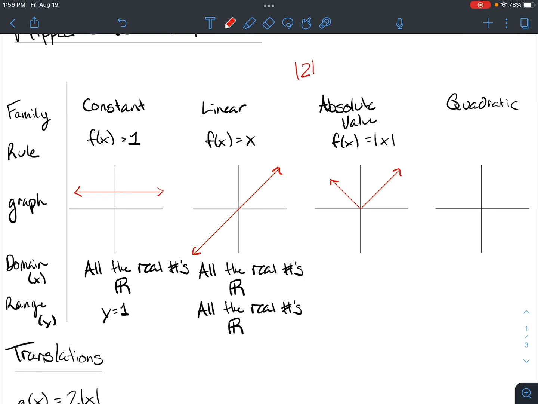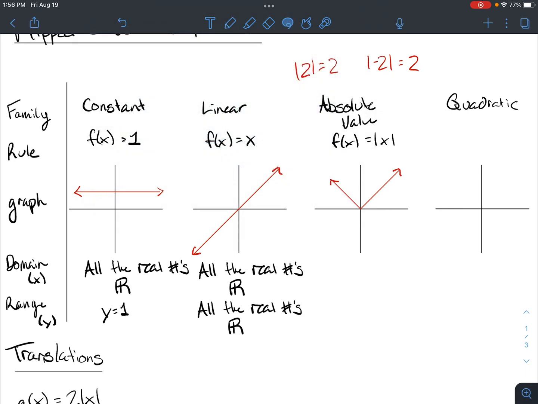So if I have 2, the absolute value of 2 is just 2, but the absolute value of negative 2 is positive 2. So absolute value more talks about a distance that you are from 0. The distance from negative 2 to 0 is 2. So that's how I'm going to have you guys think about this.